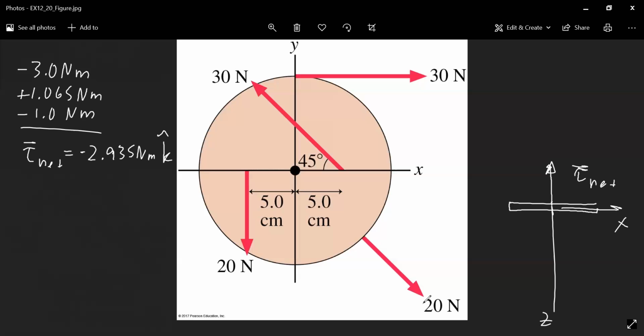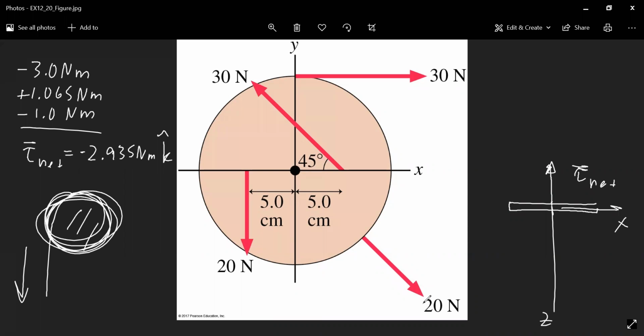Typically, when we exert torques in the laboratory, it's usually the result of some string that's wound about the circle. The most common torques are generally horizontal or tangent to the rotating object. Like if you were to wind up a wheel with a bunch of string and then pull on it down, the more you pull on it, the more the string will unfurl, but that's still a constant tension exerting a torque on this rotating wheel or disc.